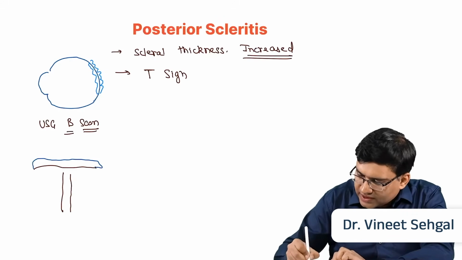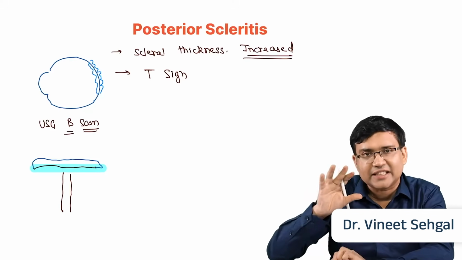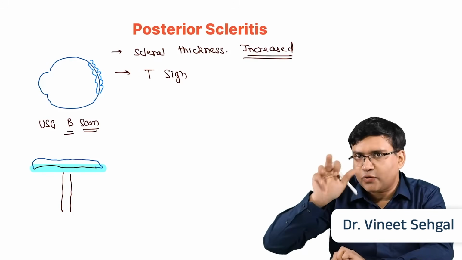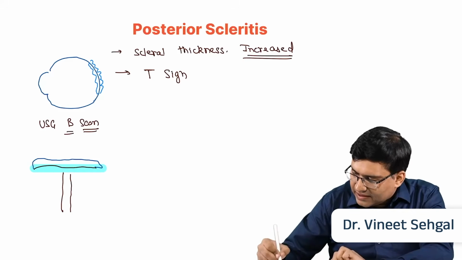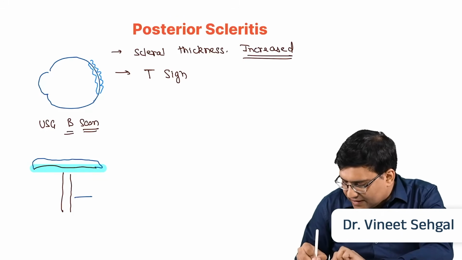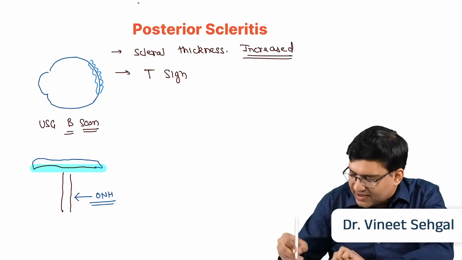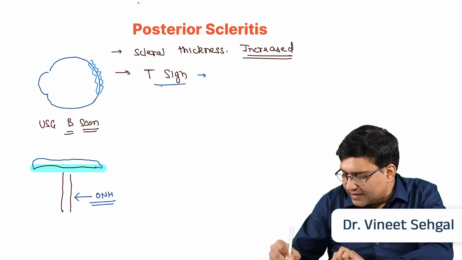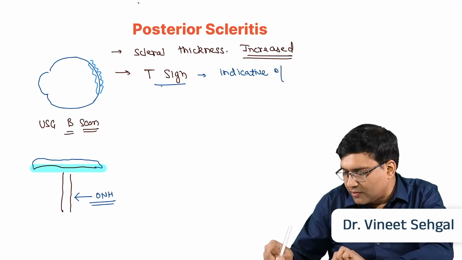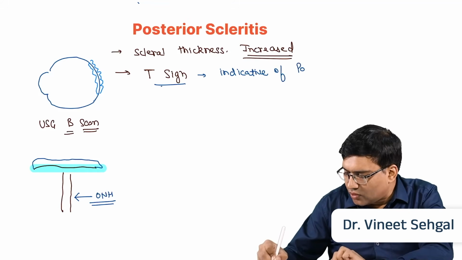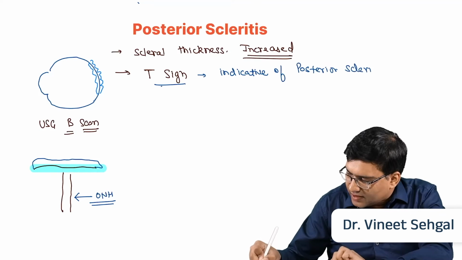So this is a T where, because of the inflammation, there is a fluid collection between the sclera and the Tenon's capsule, and this is the shadow of my optic nerve head. So this T sign is indicative of the diagnosis of posterior scleritis.